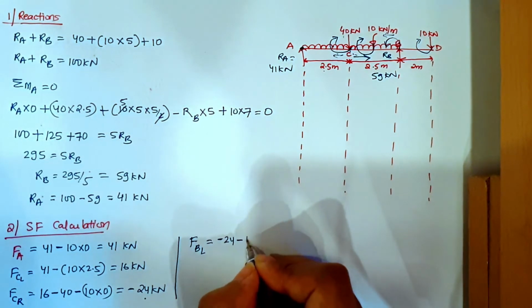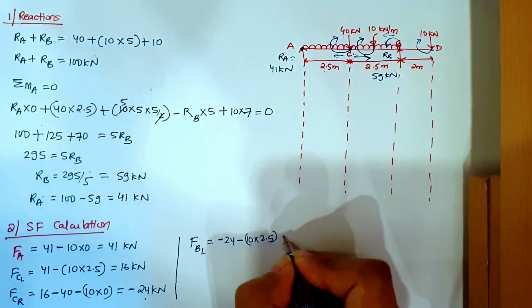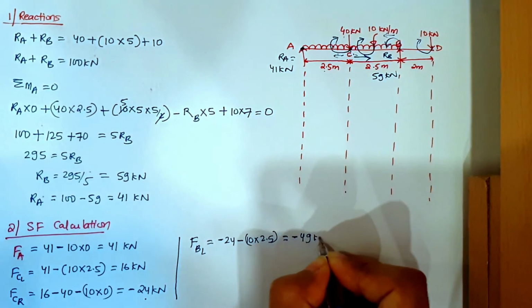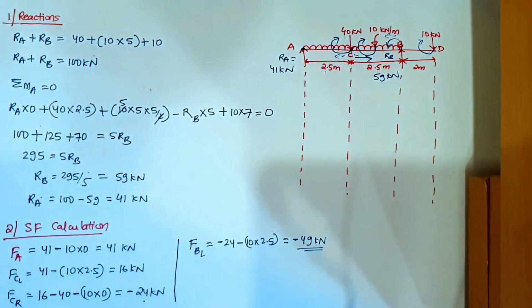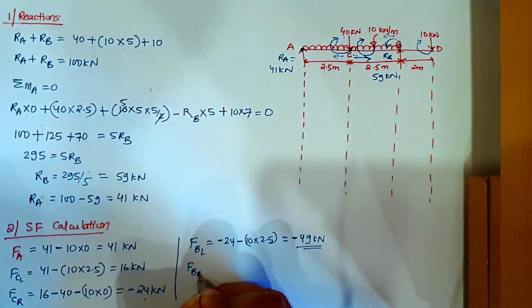So I have 10 into 2.5. So this will give minus 49 kilonewton. Okay. Now similarly, force at B and to the right-hand side of B.